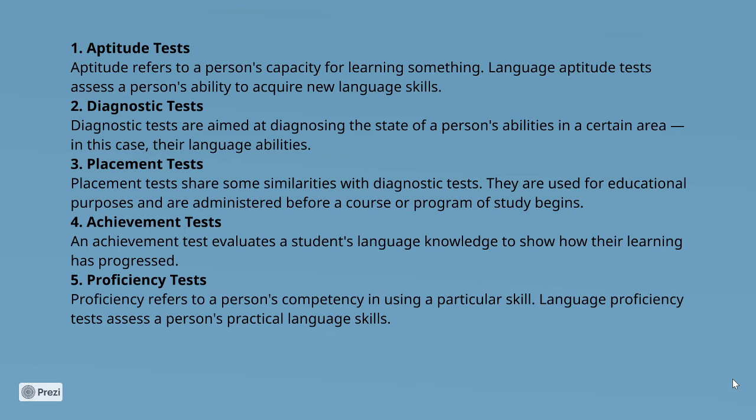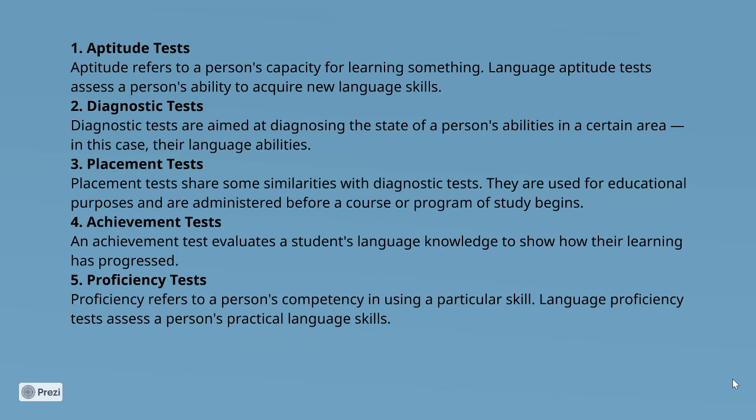Achievement tests are typically graded and are meant to reflect how well the language learner is performing in their language learning studies. Proficiency tests. Proficiency refers to a person's competency in using a particular skill. Language proficiency tests assess a person's practical language skills.